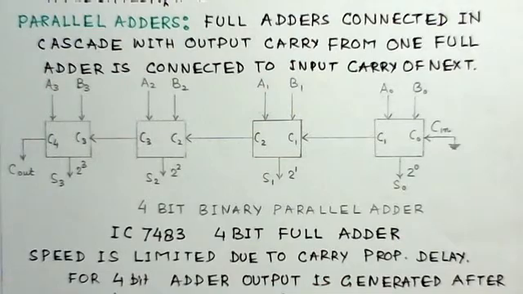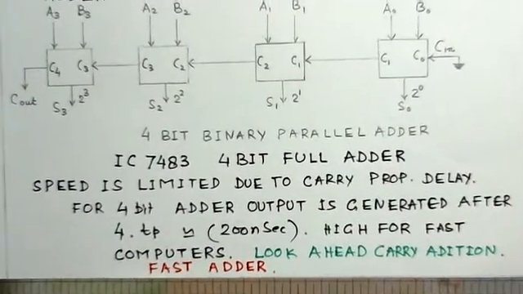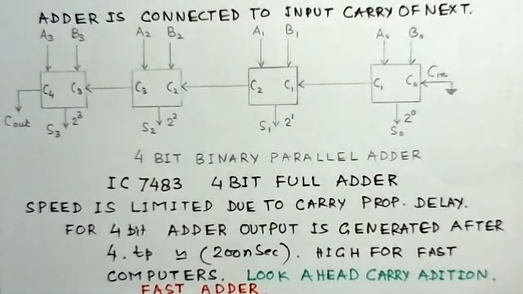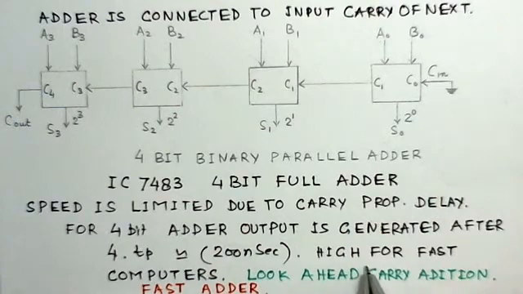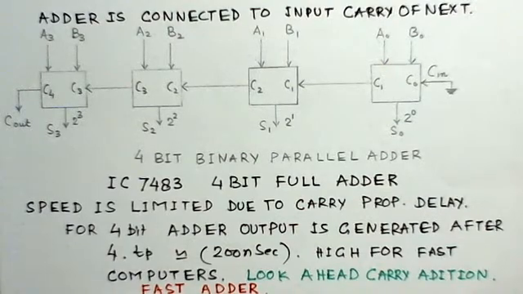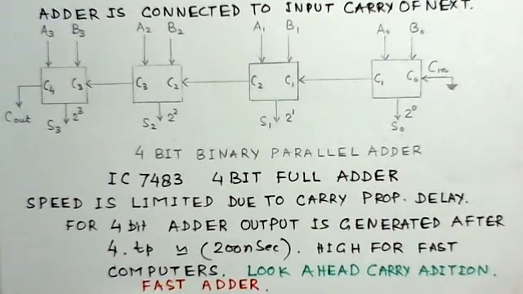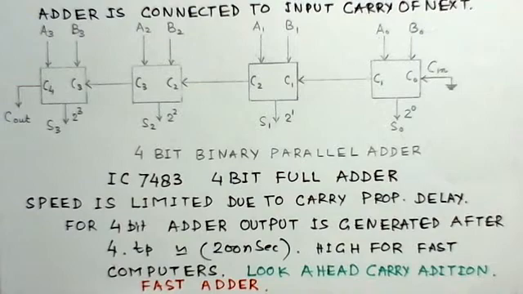If the delay is about say 50 nanoseconds typical, then 4 TP will make it 200 nanoseconds. This 200 nanoseconds is really high for fast computers, because computers have to do fast calculations, and if the arithmetic circuits are slow, they will not be able to do faster operations.